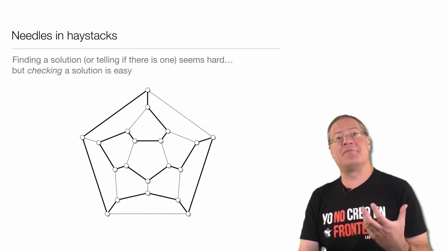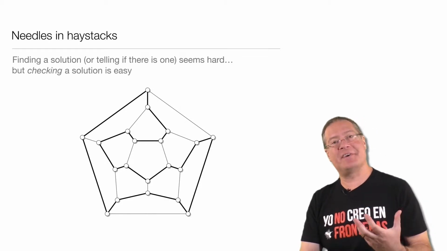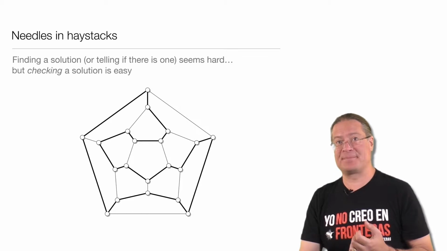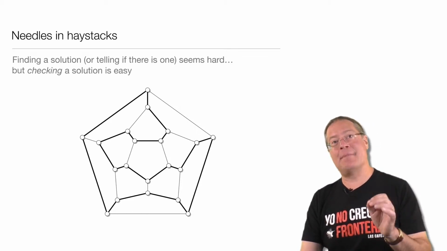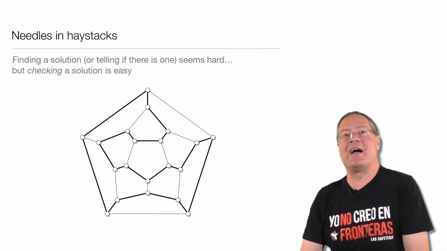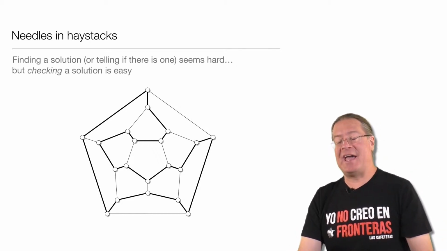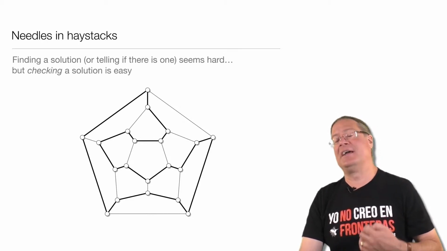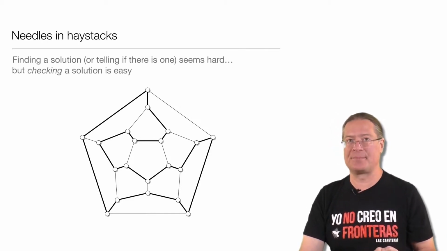The idea of P versus NP, you can think of it as finding solutions versus checking them. If you recall the Hamiltonian path problem, I give you a big network, a big graph with n nodes, and the question is whether you can tour the graph, moving along its edges and visiting each node exactly once.